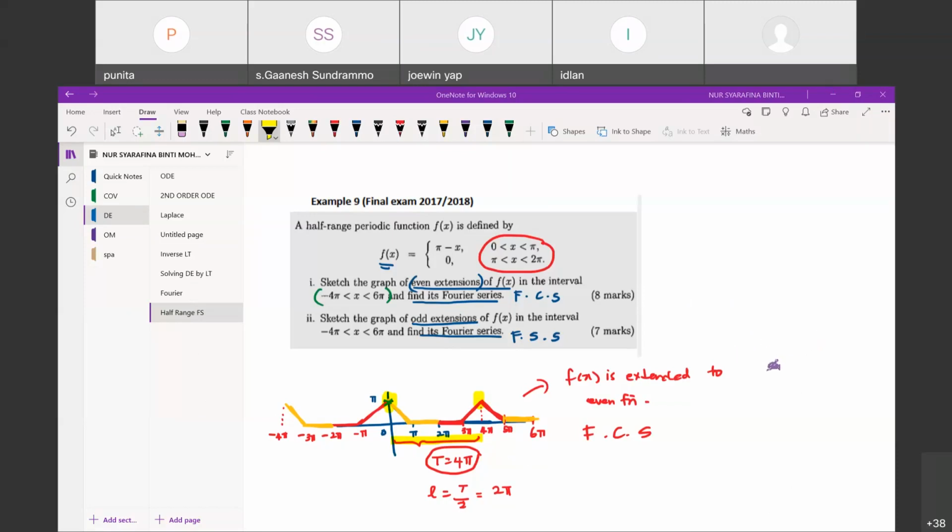The original graph should be similar, but the difference is where it should be extended.